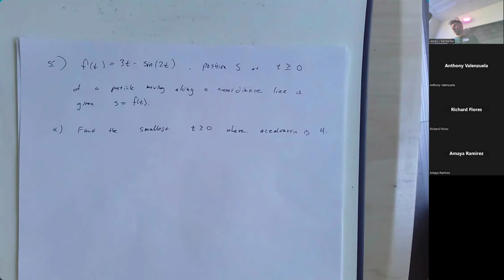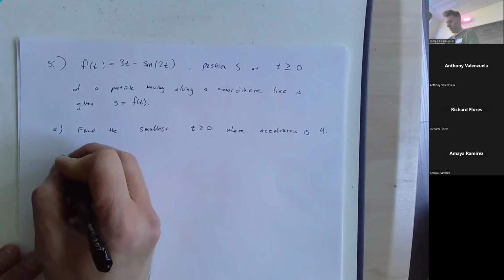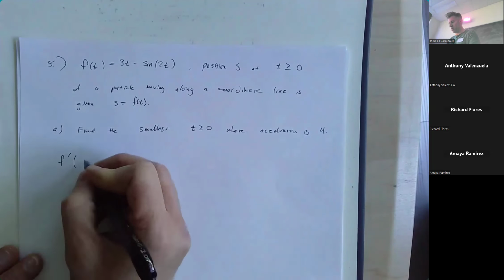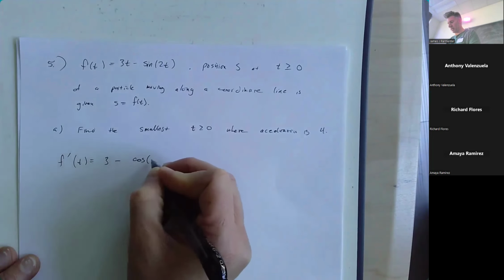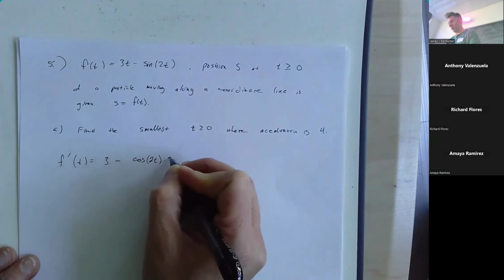All right, so for the acceleration to be equal to 4, we're going to have to take the second derivative and set it equal to 4. The first derivative is going to be 3 minus cosine of my stuff times the derivative of my stuff.